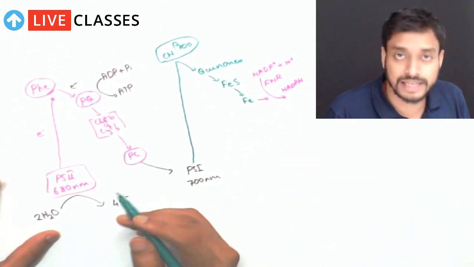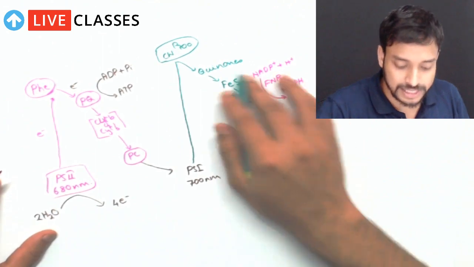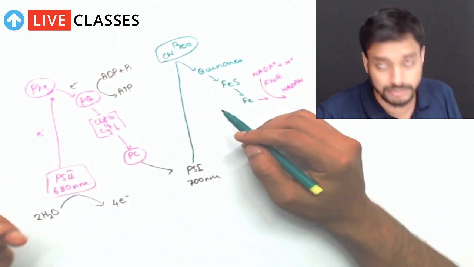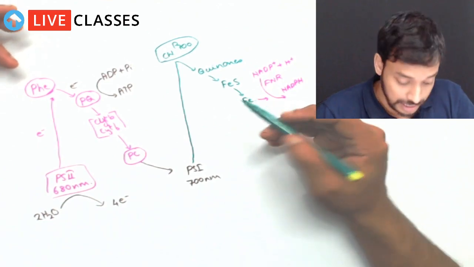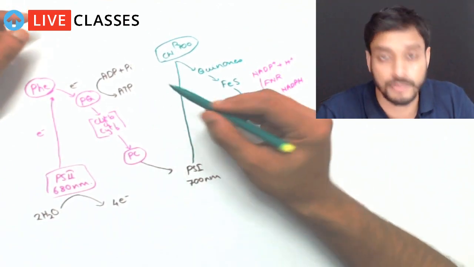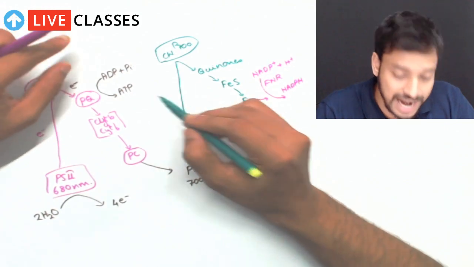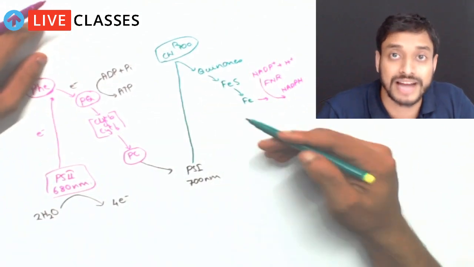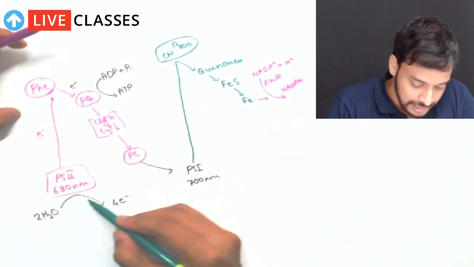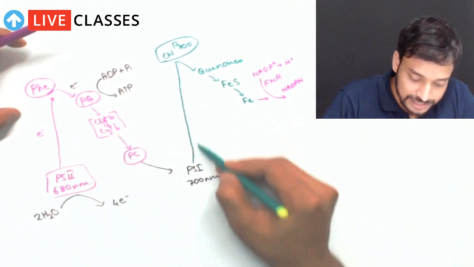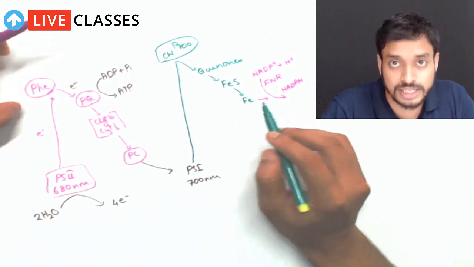So, non-cyclic photophosphorylation. This is called photophosphorylation because with the help of a photon, the phosphorylation process is happening. That means the ATP molecule is formed from ADP by adding phosphate, so it is called phosphorylation, right? This photophosphorylation is happening in this Z scheme, so it is non-cyclic.